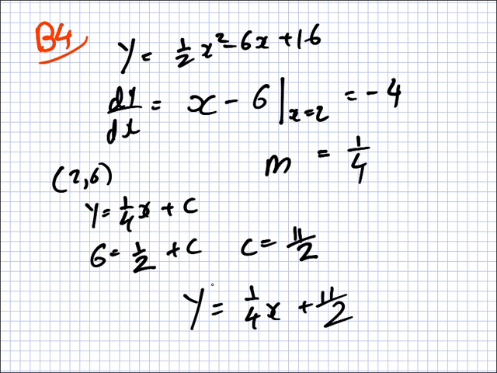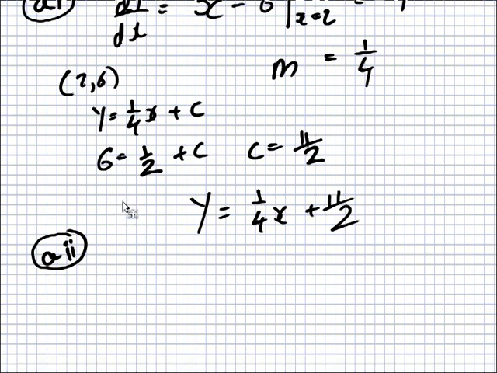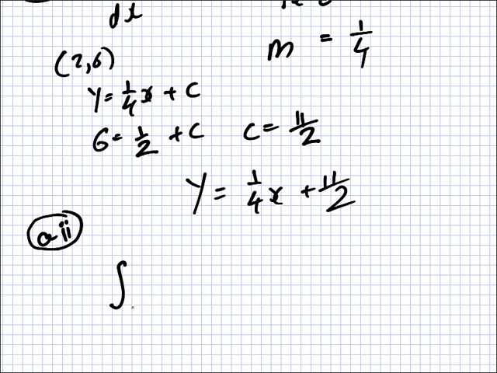That's the first part. Now, the next part, part 2, when you're ready, is the area. Can you all see the picture in your exam? It's 2 integrations. So you have to integrate from 0 to 2, a quarter x plus 11 over 2 dx, and then also from 2 to 4, a half x squared minus 6x plus 16 dx.